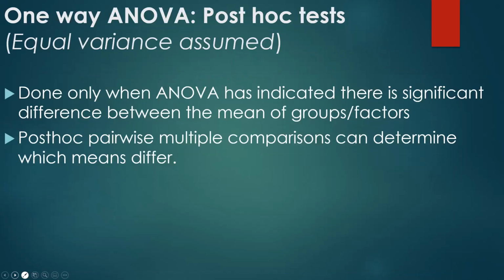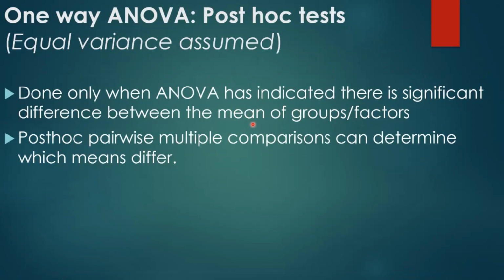So, one-way ANOVA post hoc test. We do one-way ANOVA when we find out that there's a significant difference between the means of groups. So in this case, we are looking for a significant difference. Okay.